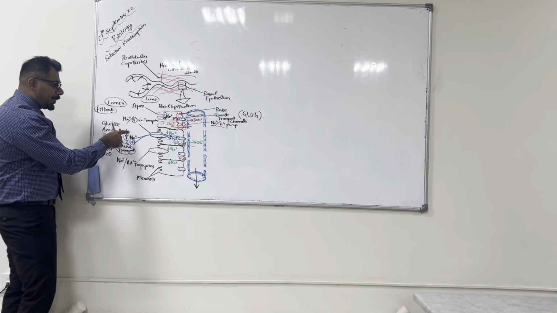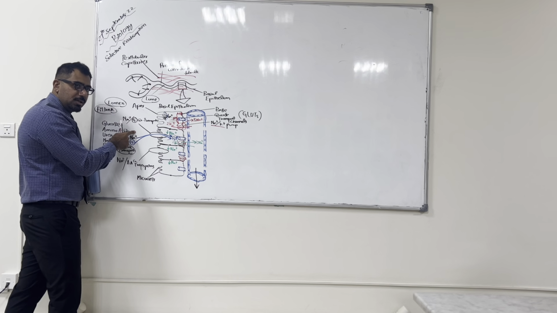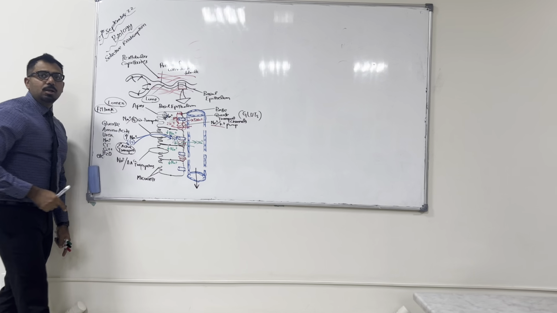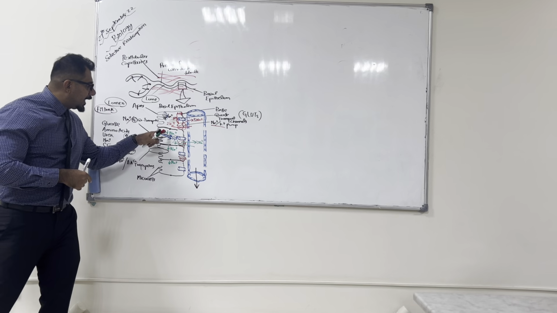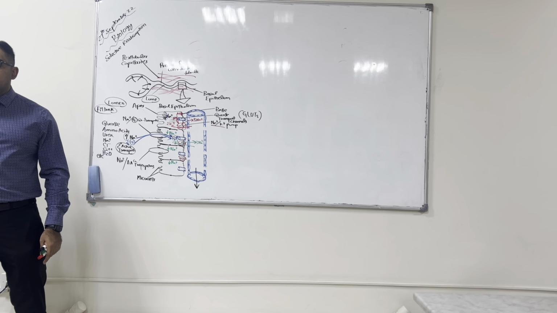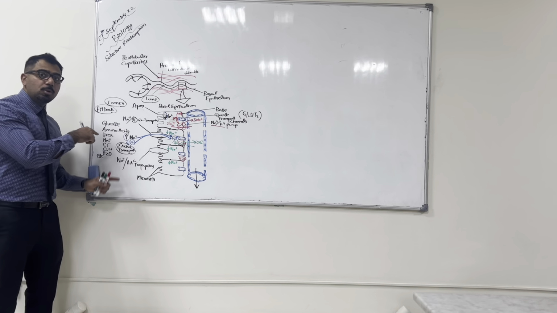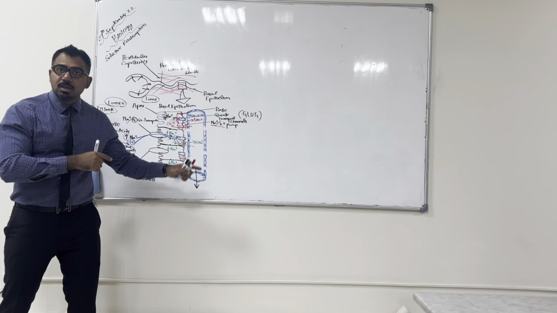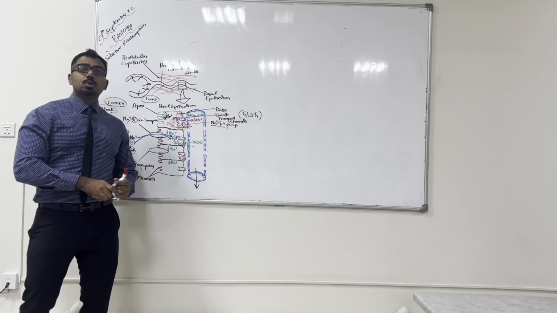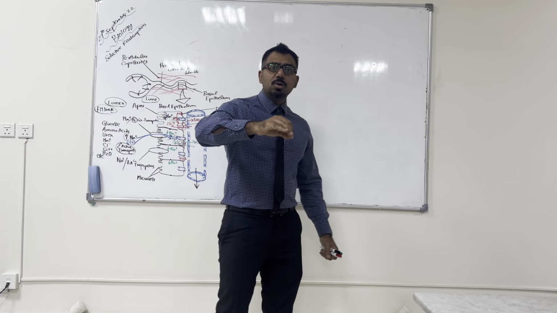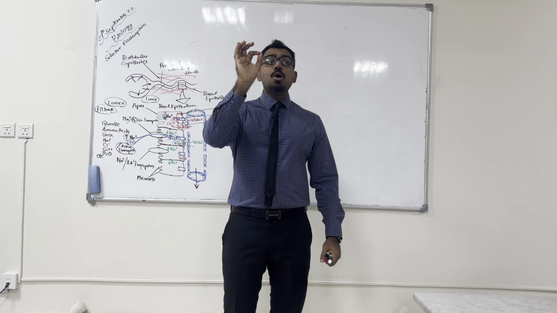And because of that, sodium moved from higher concentration in the lumen to lower concentration into the cytoplasm of the basal epithelium. And with that, glucose moved from low concentration to high concentration. Glucose is moving from low concentration to high concentration without the use of energy.